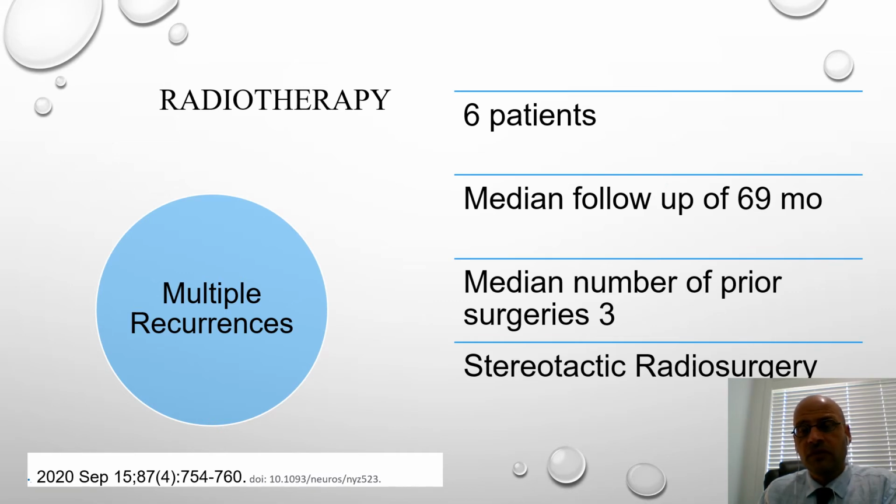They followed them up for a median of 69 months, up to 150 months actually, and they all had at least 3 surgeries because they had multiple recurrences of Rathke's cyst, not just one, at least 3 on the median. Some of them actually had 5 recurrences, and essentially they treated them with stereotactic radiosurgery with a fairly good success rate in terms of stabilizing the cyst.